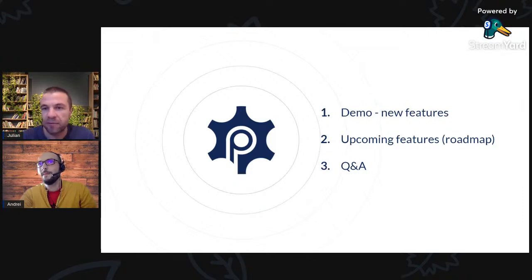And we have a Q&A session built in right here on chat. So if you'd like to ask questions or say hi, just write to us here on chat, and we can discuss. Andrei, I'll leave it up to you now to show us what we've been cooking. Thanks, Julian.